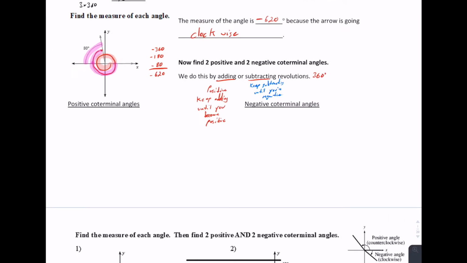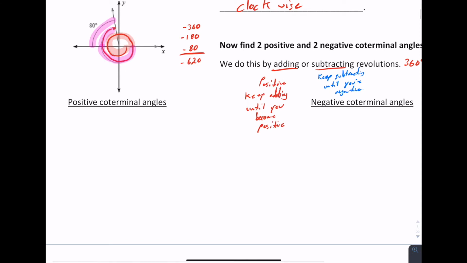Okay, so let's start with the first one. Let's go with positives. To make it positive, we start with our negative 620, and I'm going to add 360 to it, because now we're moving in the counterclockwise direction. So it would be negative 620 plus 360. We get negative 260. Not enough. We have to keep adding 360 till it works.